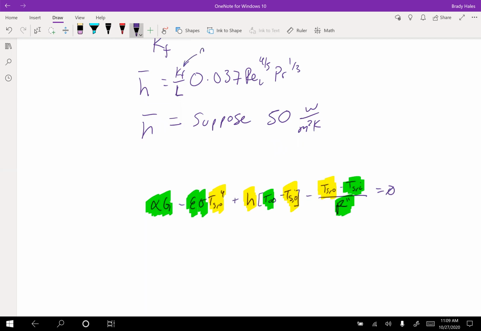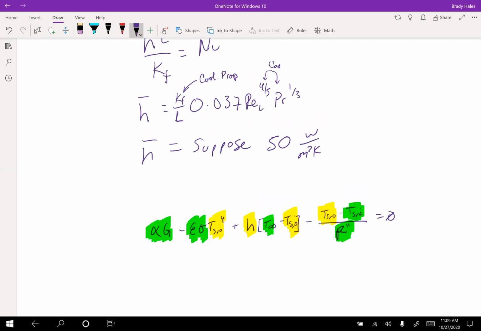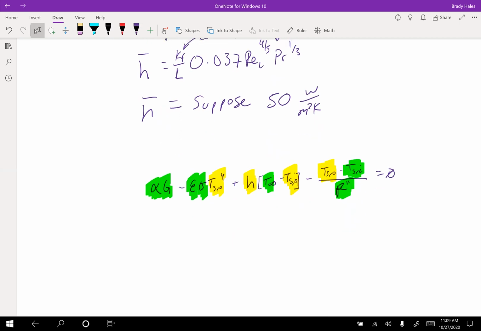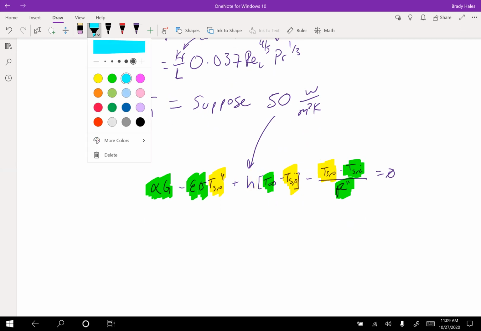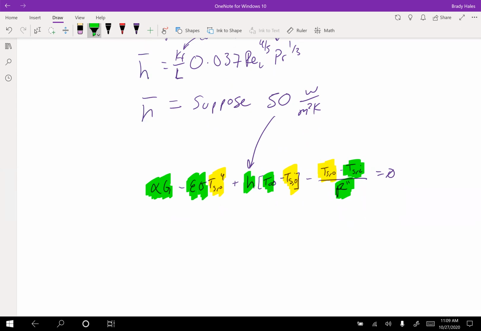This is where you can use CoolProp again. So we've used it at least twice. Oh, and then you can use it here and here also. So for example, let's say we get 50. We can plug 50 in here, and now this is no longer yellow, meaning that we don't know it. It is now green. And now you see we have one equation, one unknown, so we can solve.